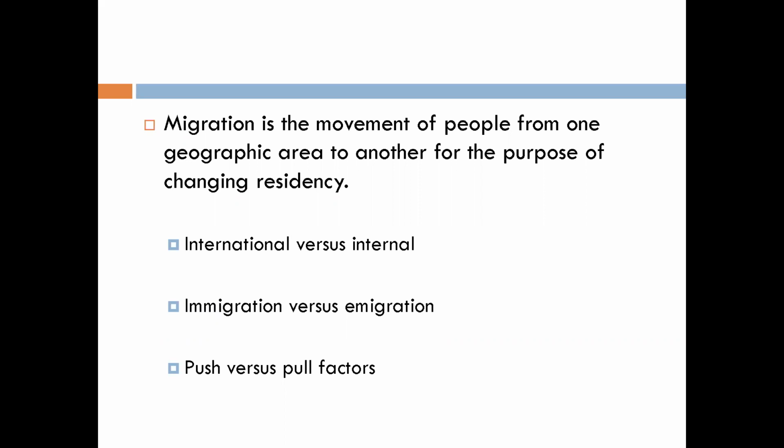International versus internal. For example, from one country to another country, it is international migration. From one state to another state, from one city to another city. Immigration versus emigration is very important. And push versus pull factors. Sometimes you are not satisfied with the place you are living in. It is a push factor.